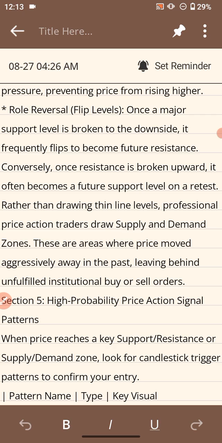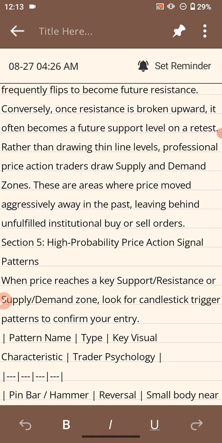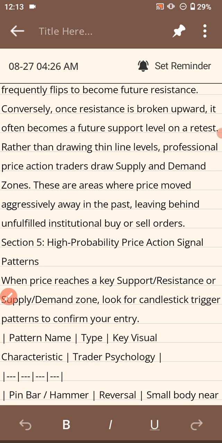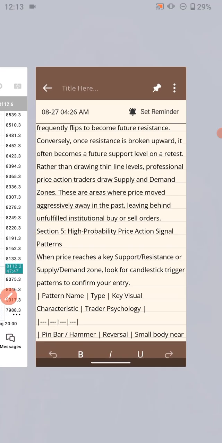Okay, so it says these are the areas where price moved aggressively away in the past, leaving behind unfulfilled institutional buy or sell orders. So that is when we draw. Let me go to the MetaTrader 5.